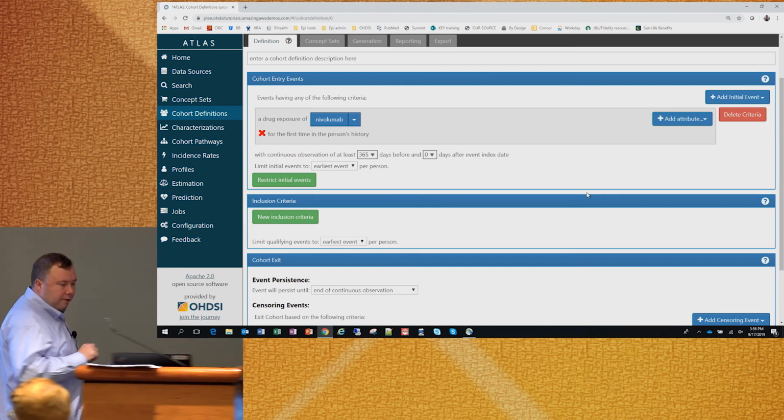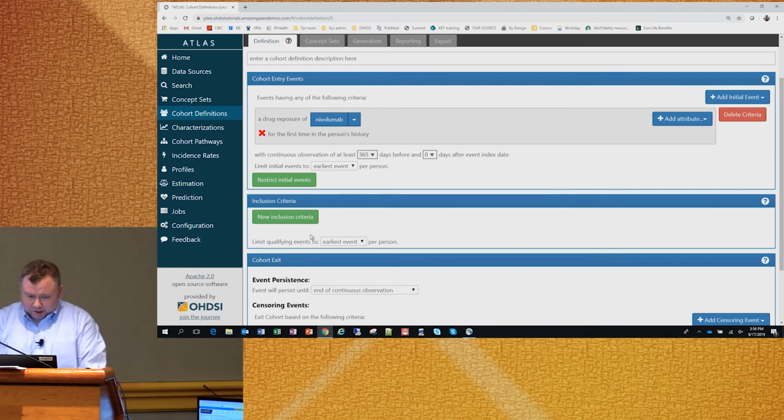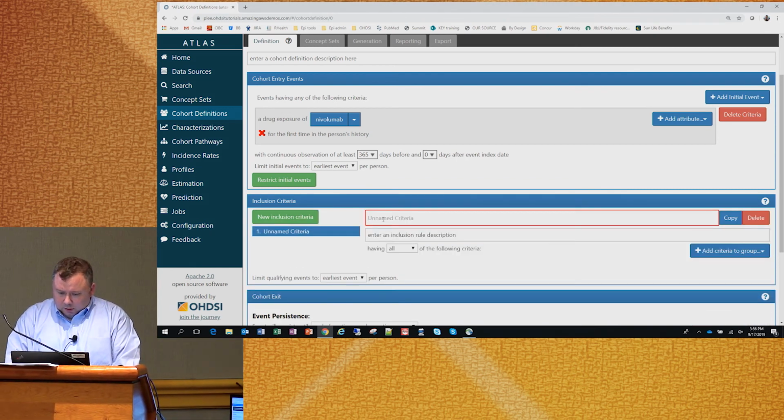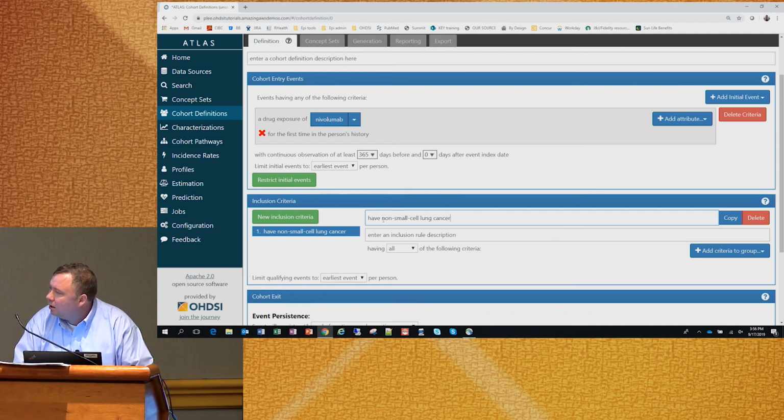Okay. So now I'm going to add some inclusion criteria. The first one is that they have non-small cell lung cancer. And specifically, you guys decided that what we're going to be looking for is a first non-small, I'm just going to call it lung cancer. We're going to have our first lung cancer in the 365 days before the initiation of treatment.